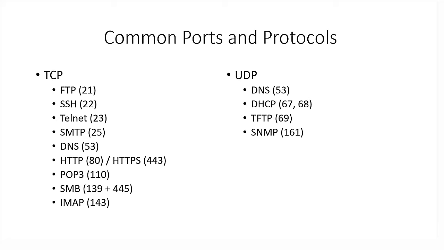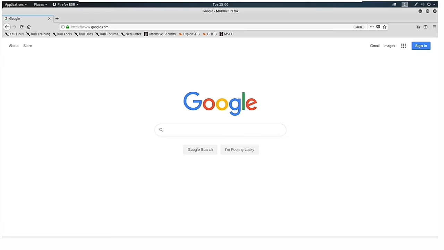DNS. So DNS is a way to resolve IP addresses to names. We could take a quick look at that if we go back to our Kali machine and say we're at Google here. We've got Google up, but the computer doesn't really know what Google is. The computer's just using nice text like google.com for us, the humans. What's going on on the back end is Google actually resolves to an IP address. Now that IP address is how the computer knows to get back and forth.